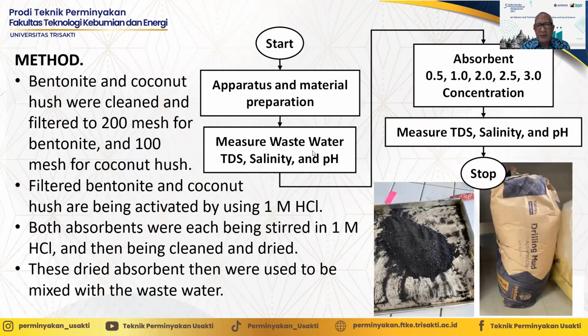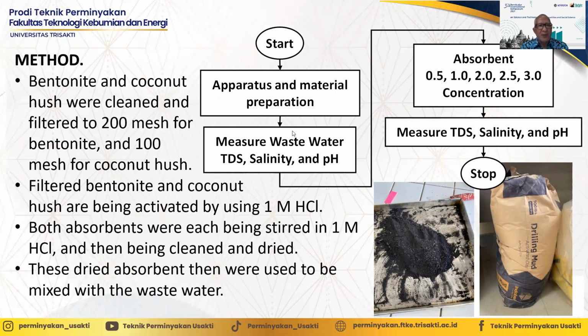First of all, we measure the water for its TDS, salinity, and pH, acidity, and then we prepare the adsorbent at 0.5 gram per cc, 1 gram per cc, 2.5 and 3 gram per cc concentration in the wastewater for each of the adsorbents. And then we measure the TDS, salinity, and the pH of the mixture, both. That's what we do in this lab.